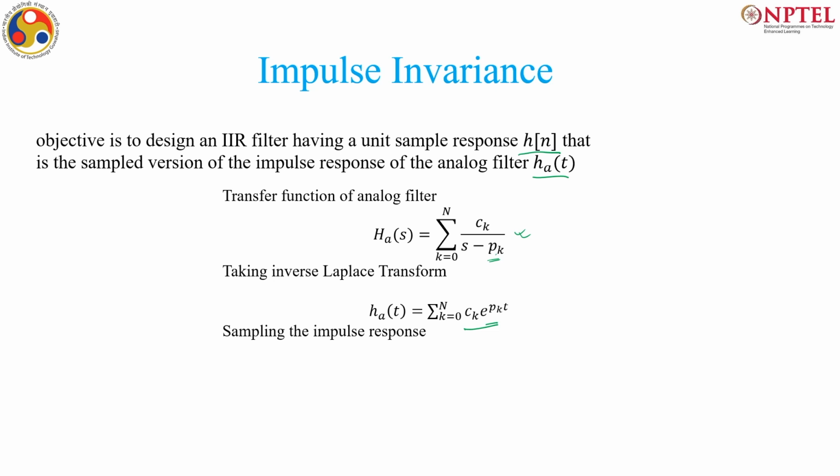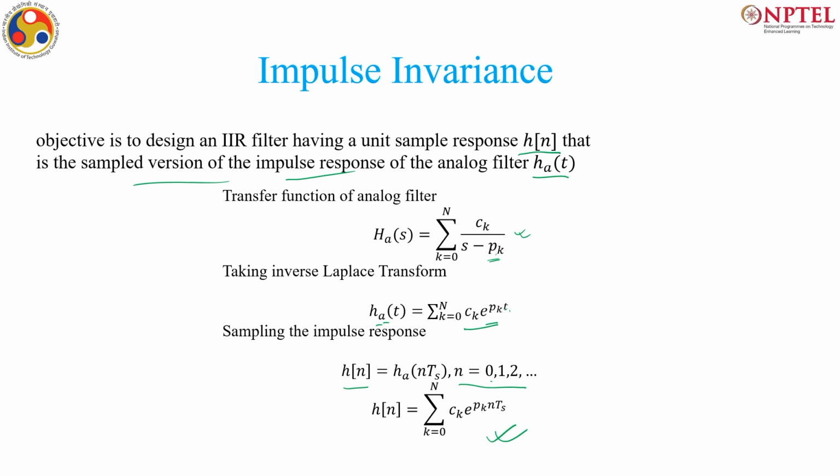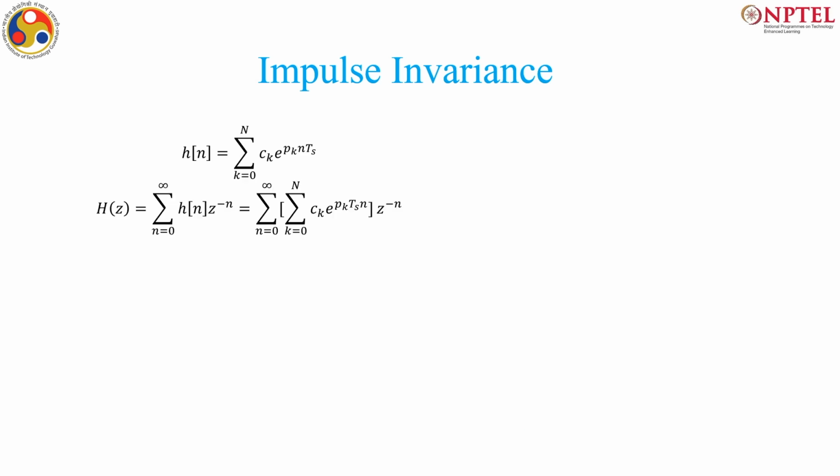If we sample this impulse response, because that we are supposed to do, a sampled version of the impulse response, we get h of n from this, which is h a of n Ts for different values of n. Again, I will keep n from 0 to infinity, not negative infinity, to keep it causal. Just plugging in n Ts at t, now we got the h of n.